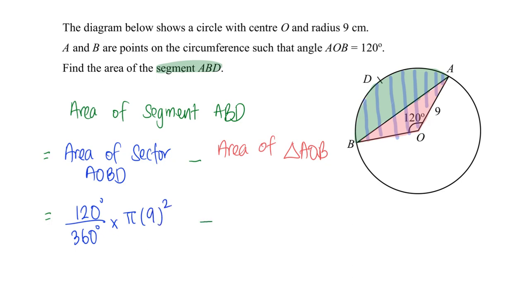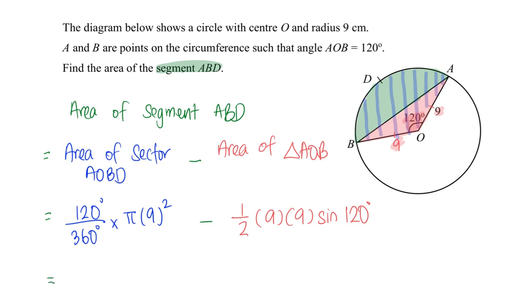I also have my, since this is 9, this is radius, this is also radius 9, half AB sine of angle C. 9 times 9 times sine of 120 degrees.